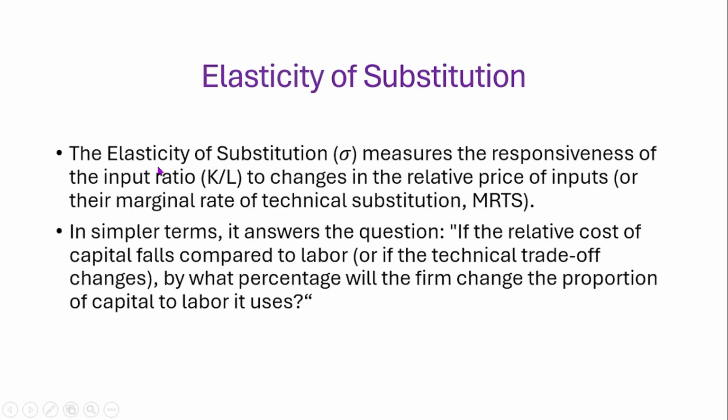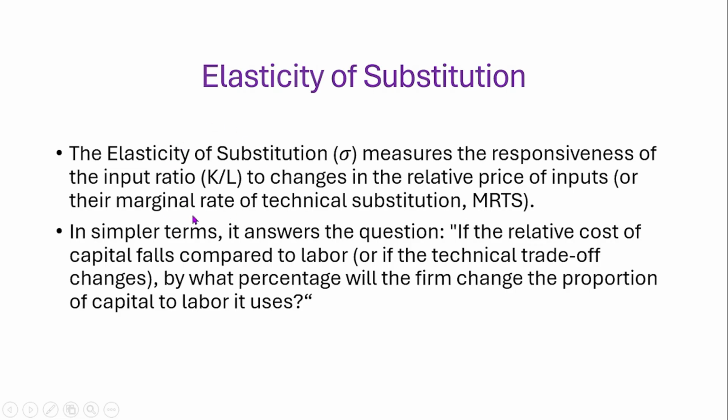Okay, what the elasticity of substitution is? This is the first question. The elasticity of substitution, expressed by sigma, measures the responsiveness of the input ratio K by L. In other words, sigma means the hardness or easiness to change this ratio.